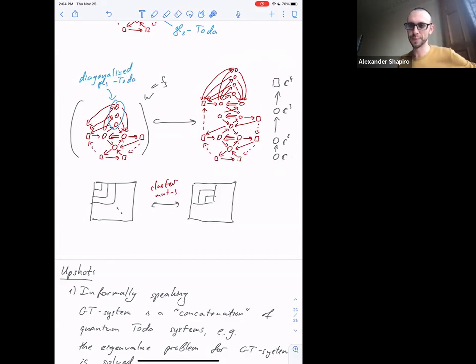That's more or less self-explanatory of how you pass from the right hand side here to the left hand side here. In this way, I think this quiver is nice. Right. I hope that answered the question.